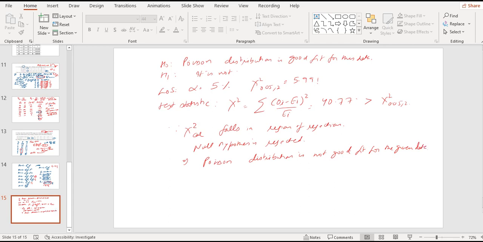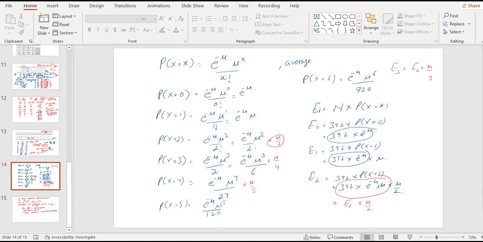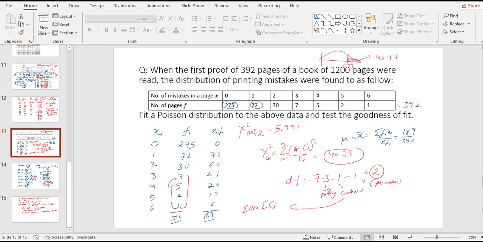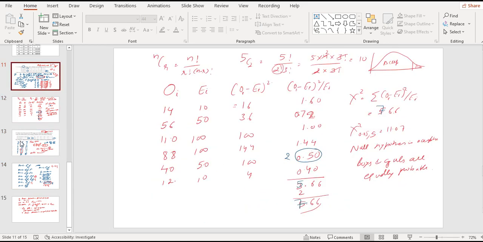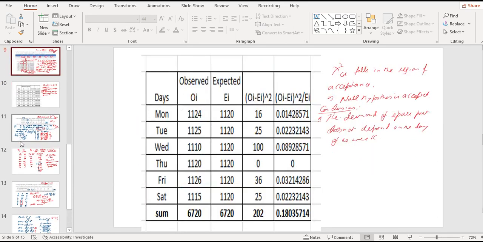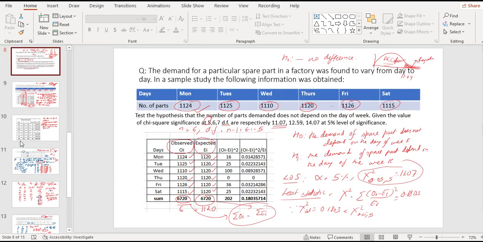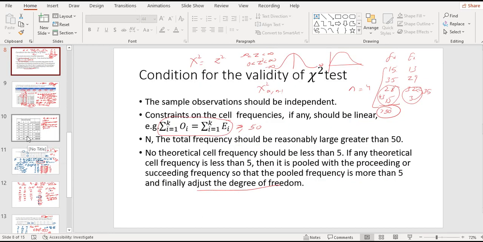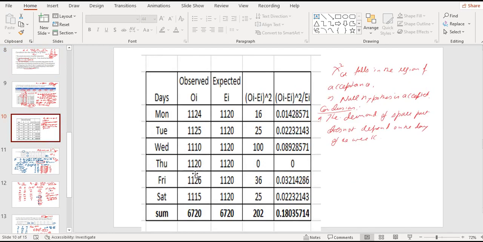So here these are the different types of problems we have considered for the chi-square distribution. Sometimes you are directly given the procedure: when the condition is that the data is uniformly distributed, we simply calculate the sum of the observed frequencies and divide it by the number of terms.